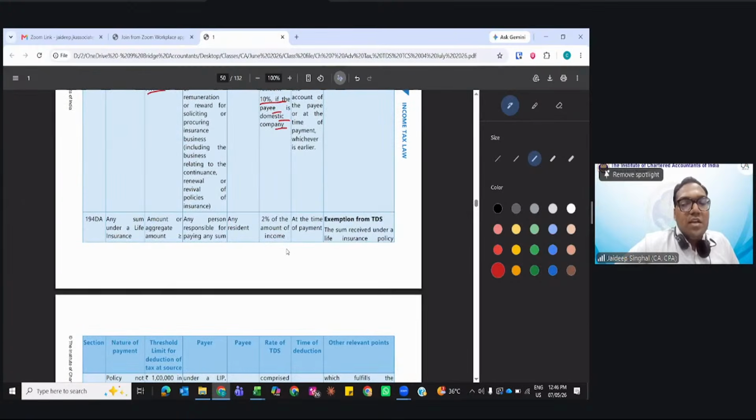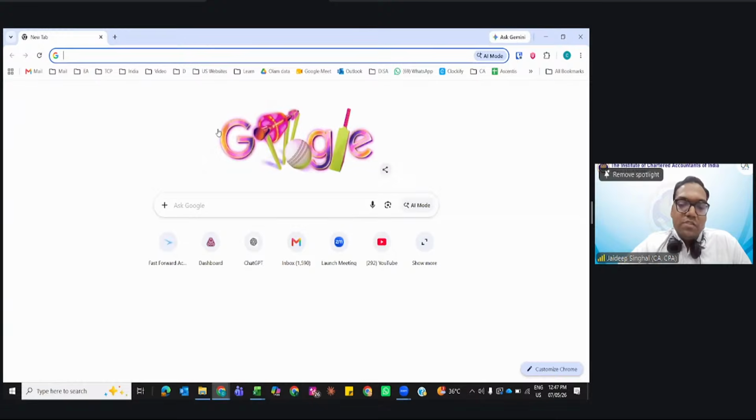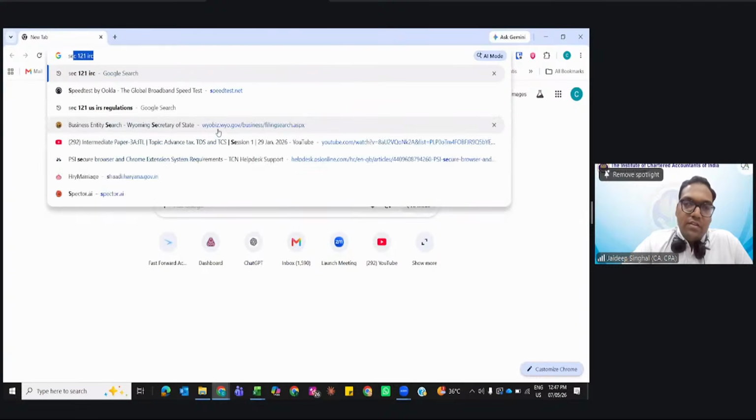194DA. Have you studied section 10(10D)? When a life insurance policy matures, is it taxable or non-taxable? Let me show you the section quickly.